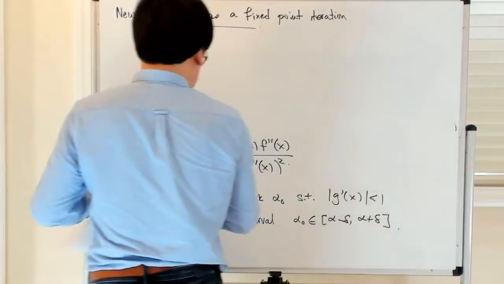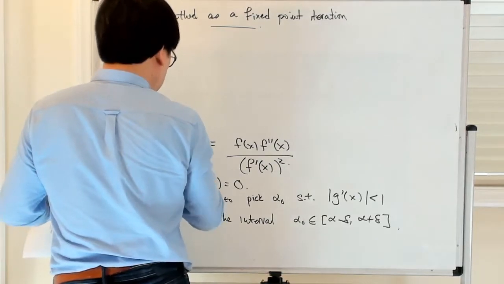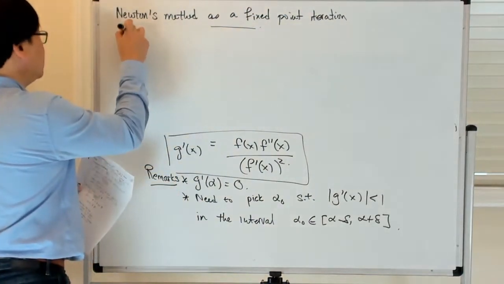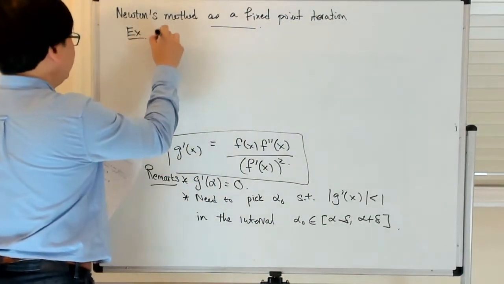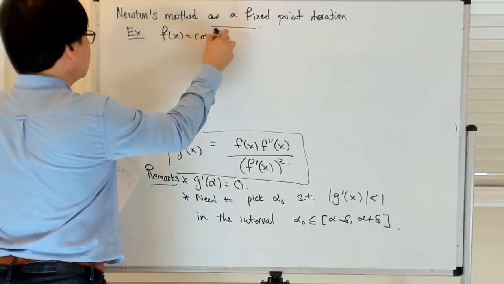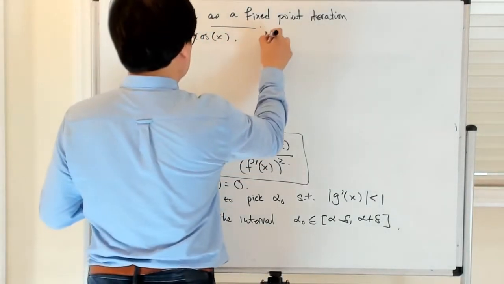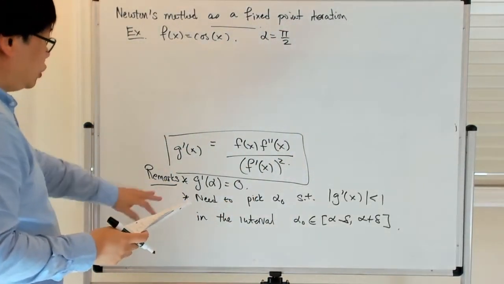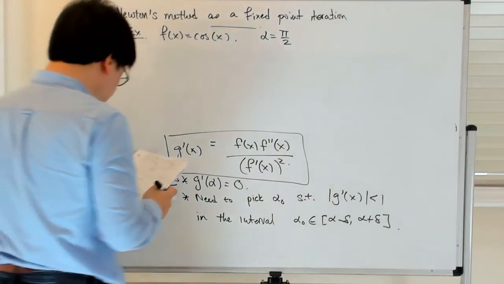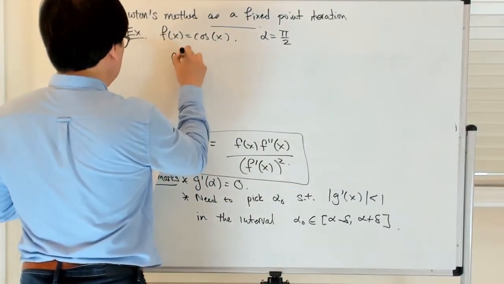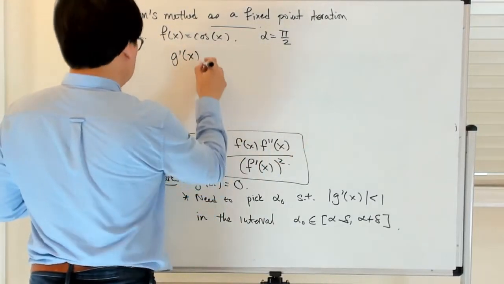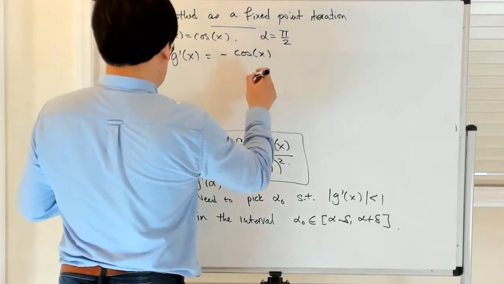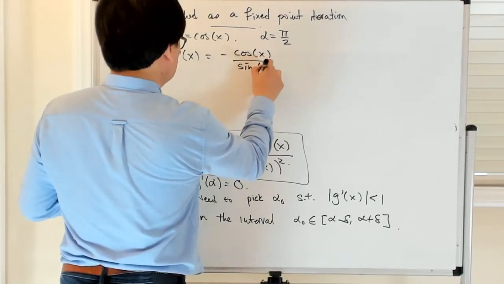So this is just g prime of x. Let's look at an example. If you have f of x equal to cosine of x, you know that one of the roots is at pi over 2. So let's try to find some interval around pi over 2 for which the method is guaranteed to converge. g prime of x via this calculation is equal to minus cosine of x over sine of x, the whole thing squared.